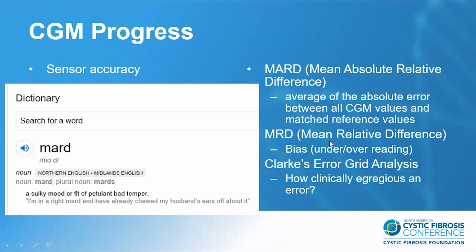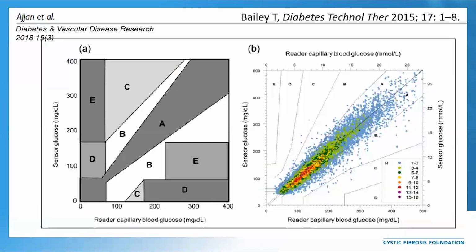There's also mean relative difference, which looks at whether things are systematically under or overreading. And there's Clark's error grid analysis, which looks at the clinical importance of a discrepancy between two types of measures.